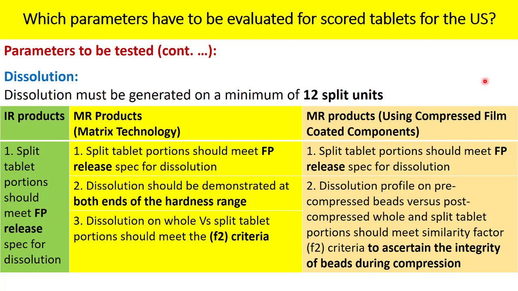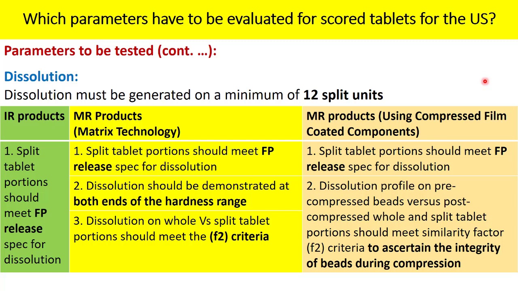Then you compress the beads into a tablet form. Now you have the finished product, and then you conduct the release profile again with the compressed tablets. Then you are going to split the tablet, isn't it? Then run the dissolution again on the split portion of the tablet.